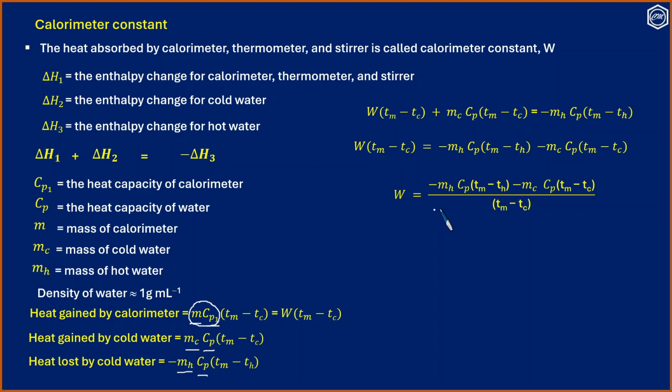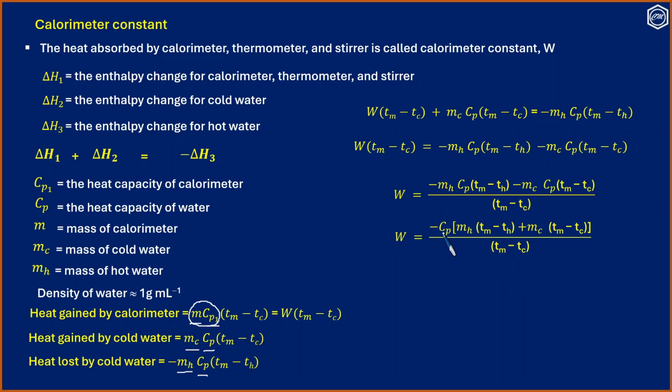Tm is less than Th. Now, W is equal to, we take Cp of water outside, Cp into [Mh (Tm minus Th) plus Mc (Tm minus Tc)] by (Tm minus Tc).